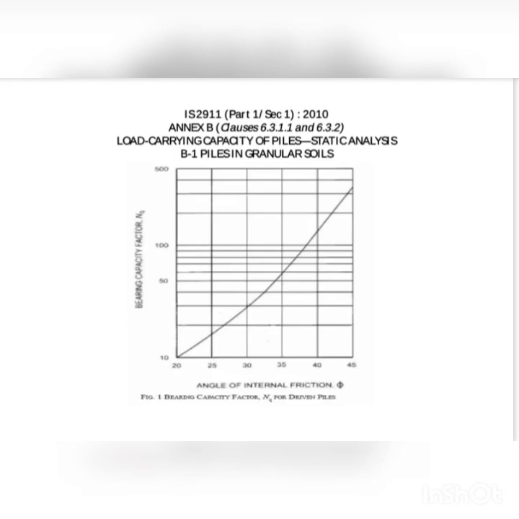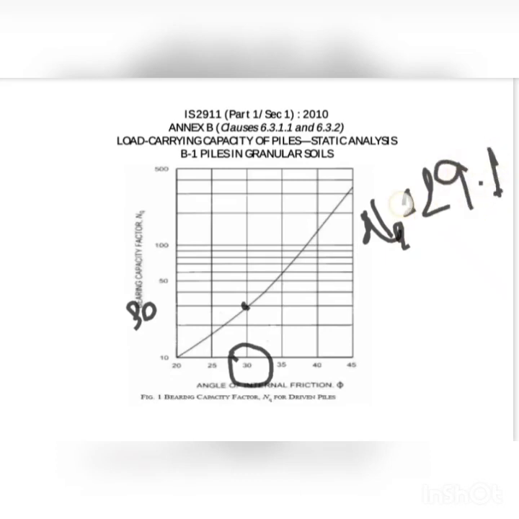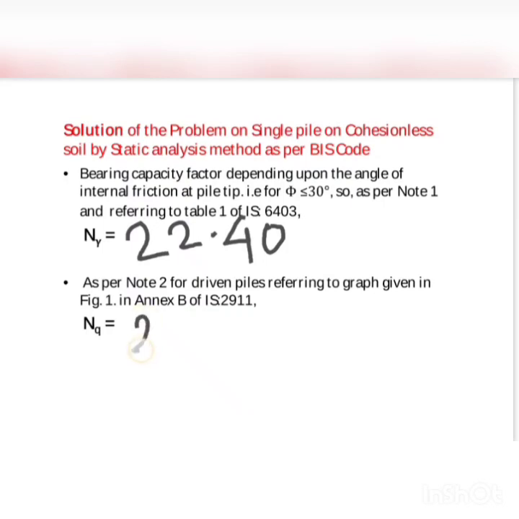So you see our value is 30 degree, and just below 30 it is intersecting this curve. So through calculation you can find that NQ is equal to 29.1. So the value of NQ is 29.1.